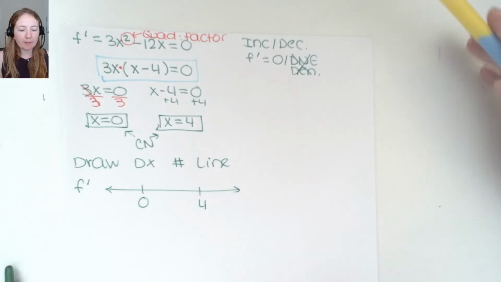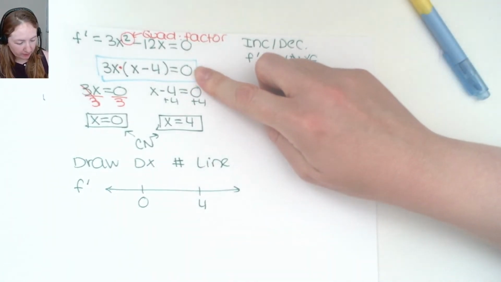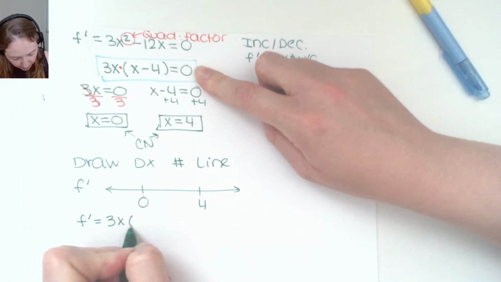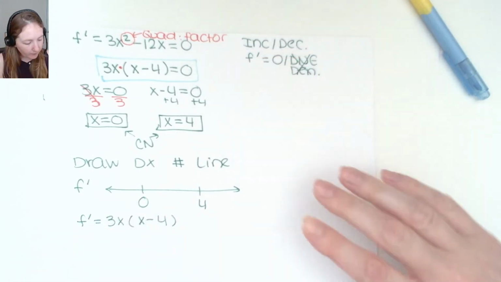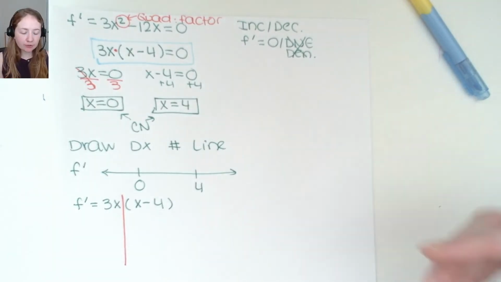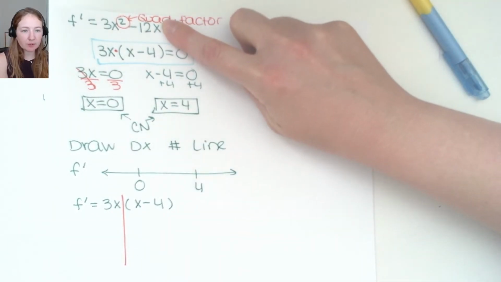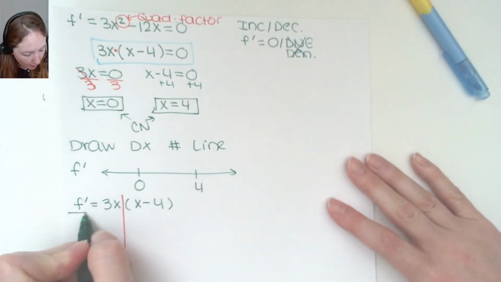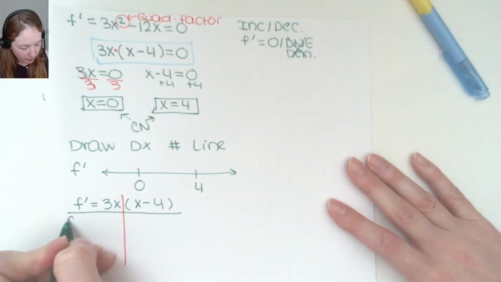So we will go back up to right before we set the factors equal to 0, and that's what we'll be plugging into. This is the two factors that we have. You can use this other factor form, or this standard form. That is perfectly fine too. You just need to plug into the derivative. All right, so I'm going to do this with the factored form.